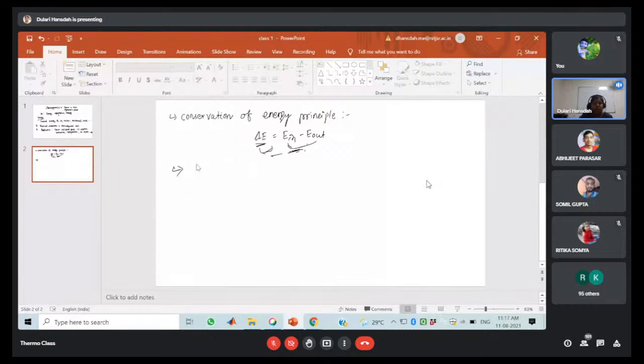So what are the laws which we are discussing in thermodynamics? That is the first law of thermodynamics, second law of thermodynamics, and then we are having the zeroth law of thermodynamics.